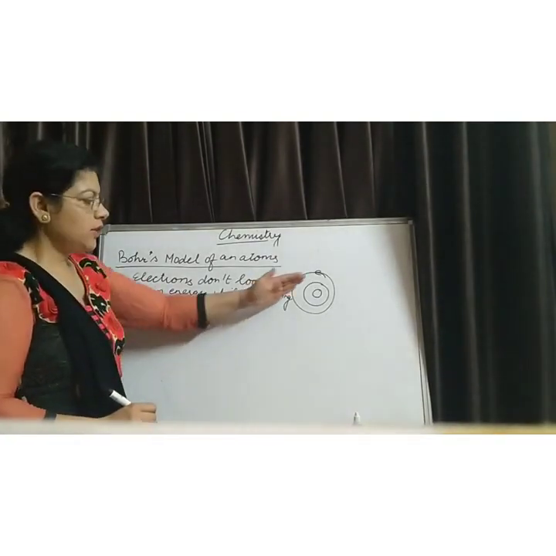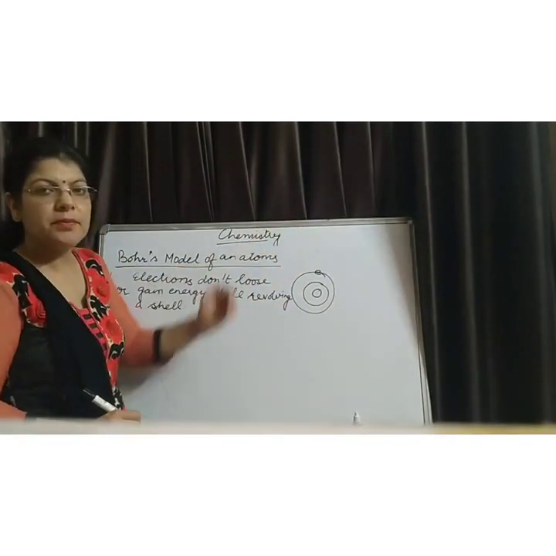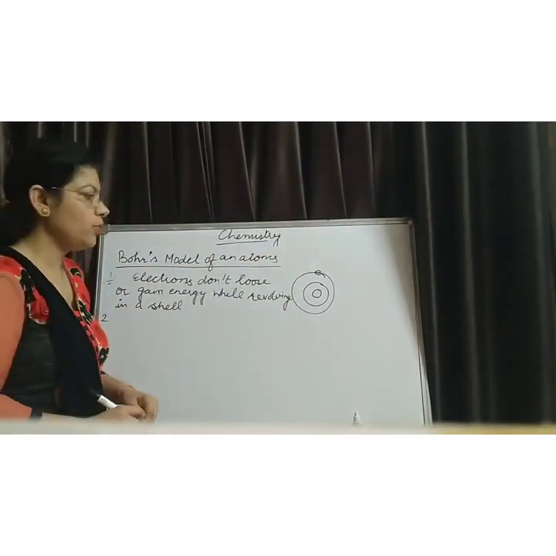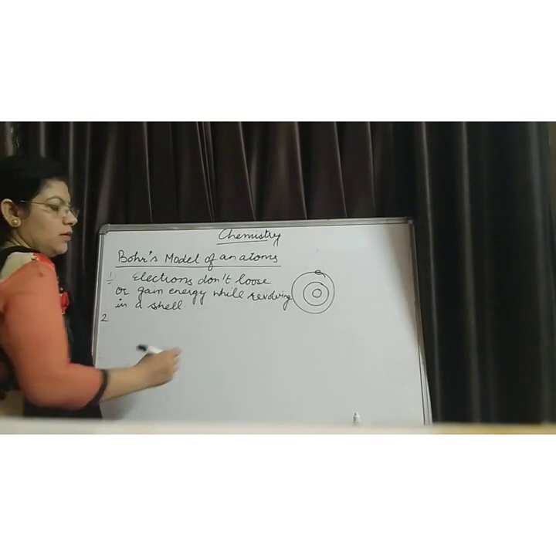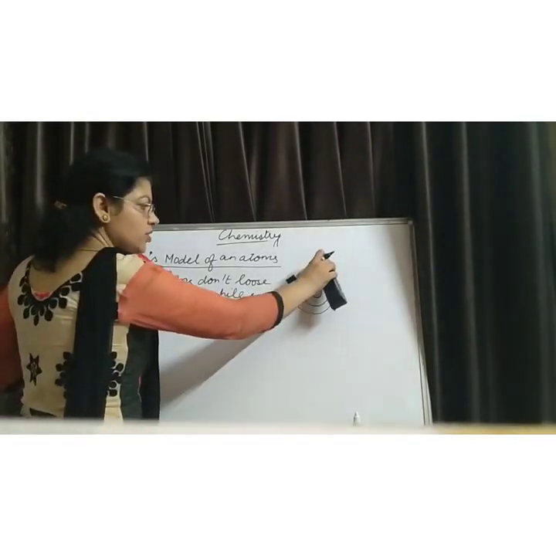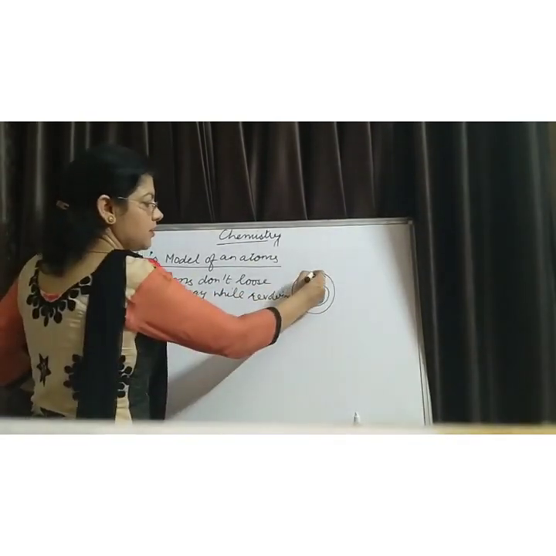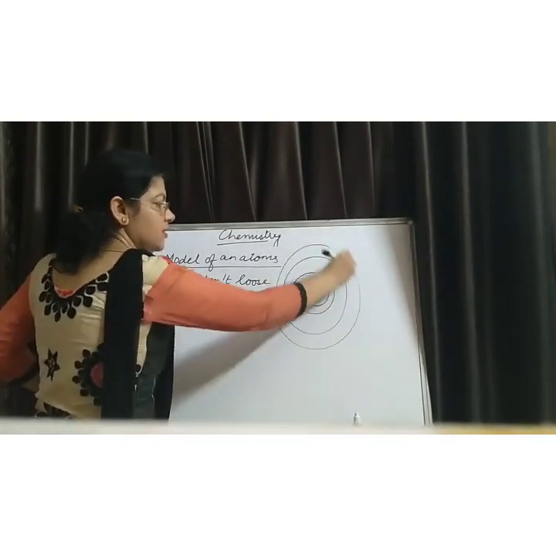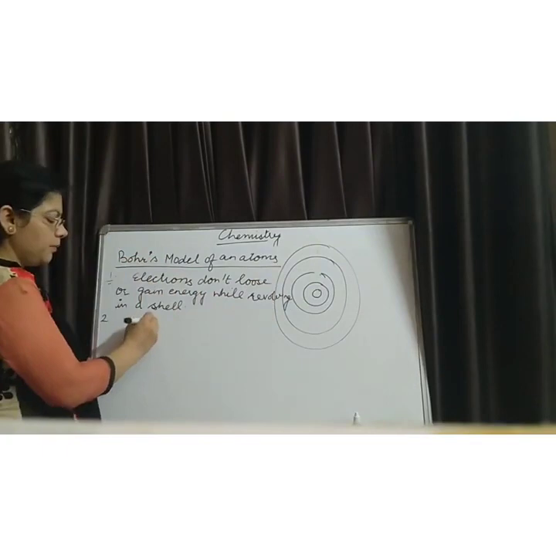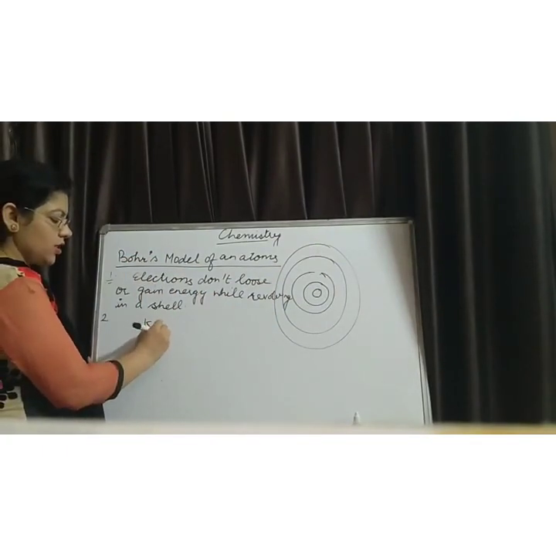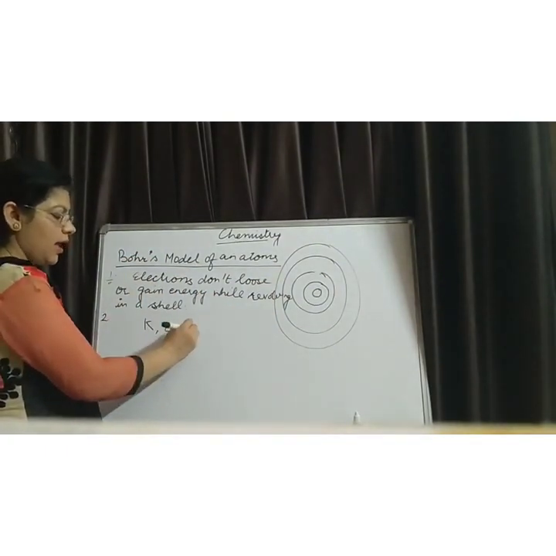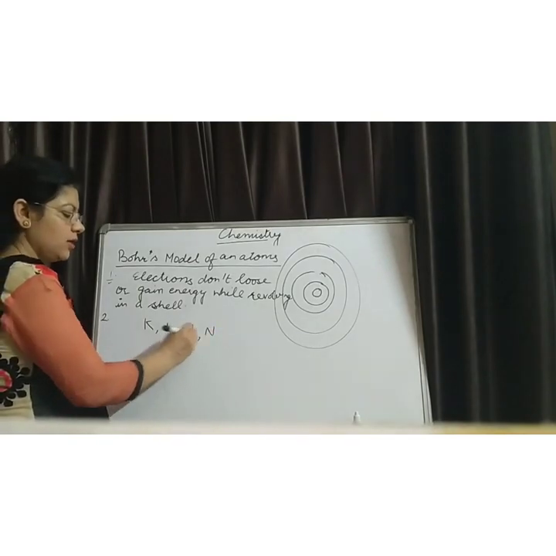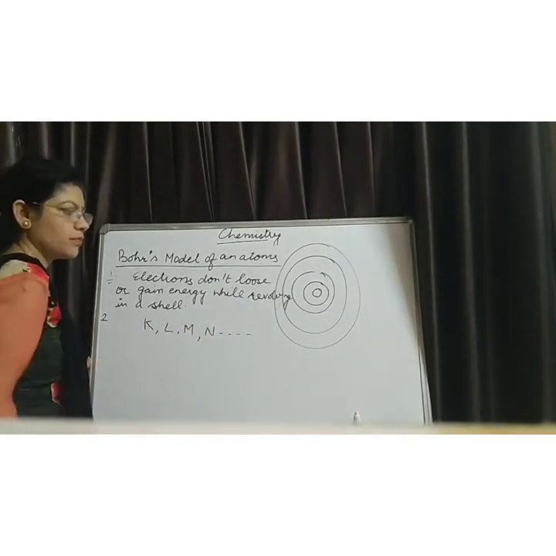Next point, there are different shells present around the nucleus. There are a number of shells around the nucleus, and these shells are represented as K shell, L shell, M shell, N shell, and so on.